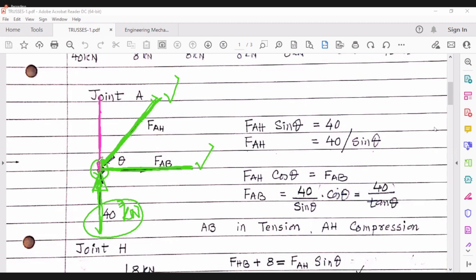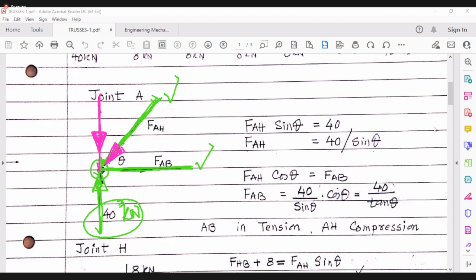Yes, sir. So this has to have a direction like this. Do you agree with me? Yes, sir. Okay. If the vertical component of FAH is downward, then FAH must be in this direction. Yes, sir. Okay, good.